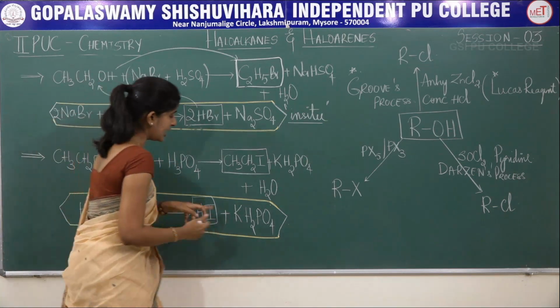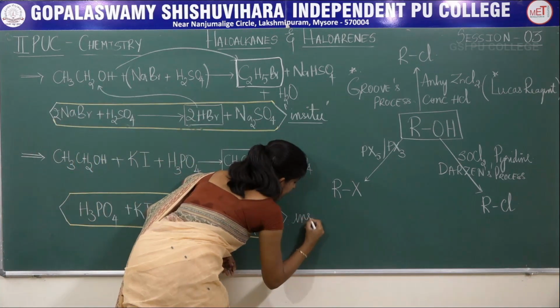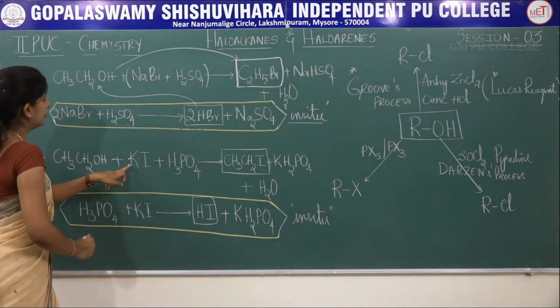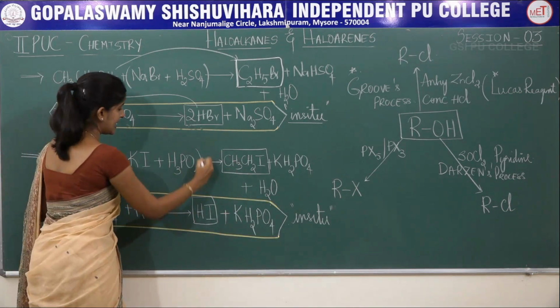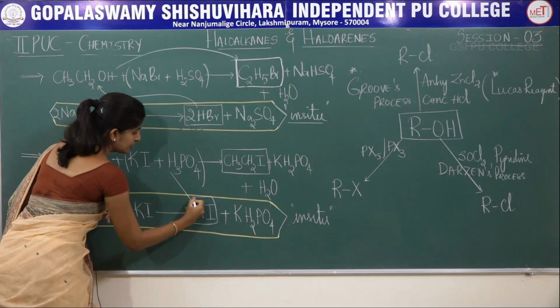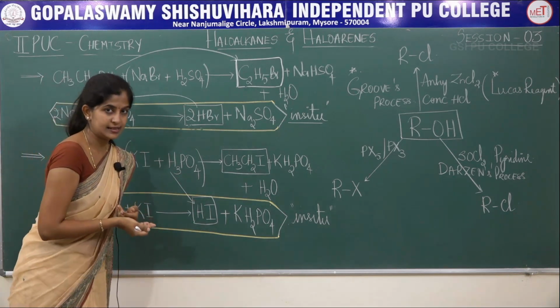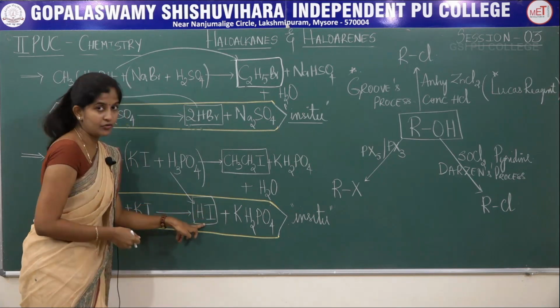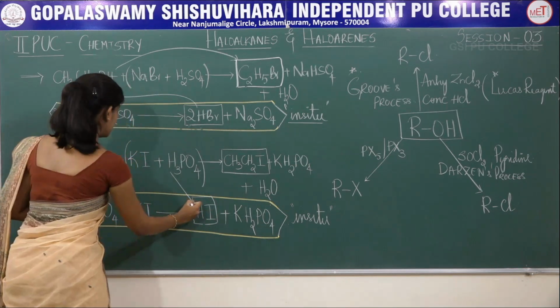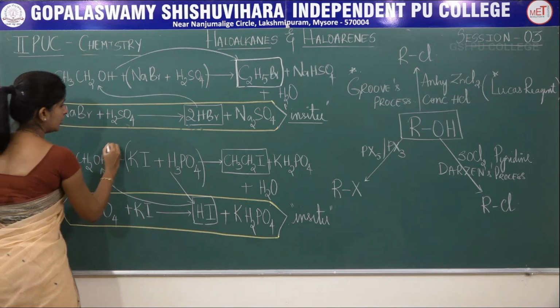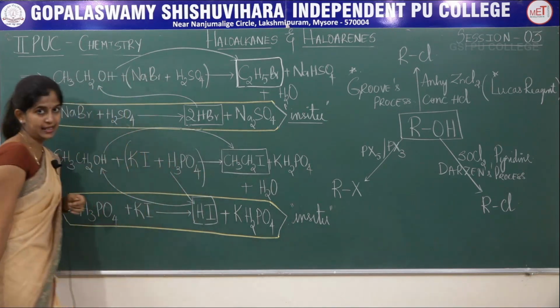That is, HI, hydroiodic acid, is also prepared in situ. Your potassium iodide as well as phosphoric acid react to produce this hydroiodic acid inside the reaction mixture itself. This hydrogen iodide prepared inside the reaction mixture reacts with your alcohol to give iodoalkanes.